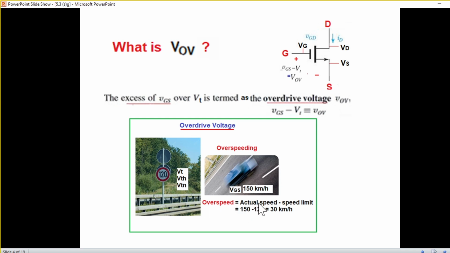Overspeed is actual speed minus the limit, that is 150 minus 120. Same logic can be applied here. The overdrive voltage, which we call VOV, is actually VGS, the driving force, minus the limit, or the threshold. So you can just correlate if you want.